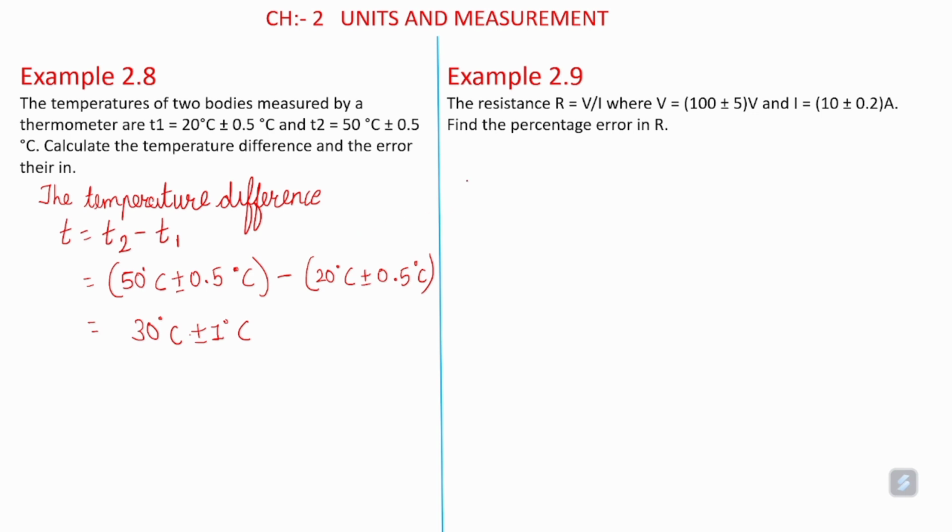The resistance R is equal to V upon I, where V is 100 plus or minus 5 volt and I is equal to 10 plus or minus 0.2 ampere.